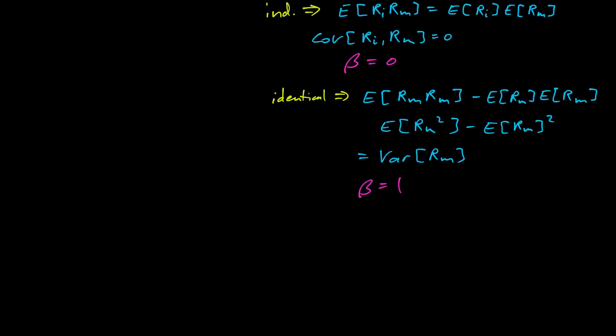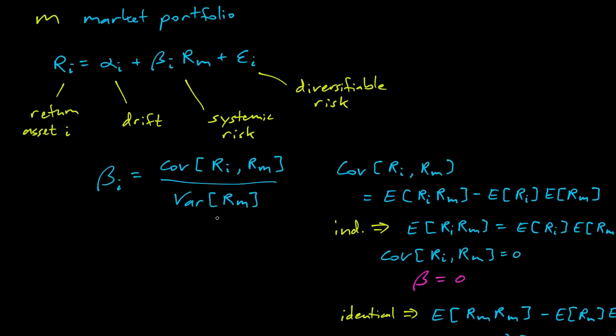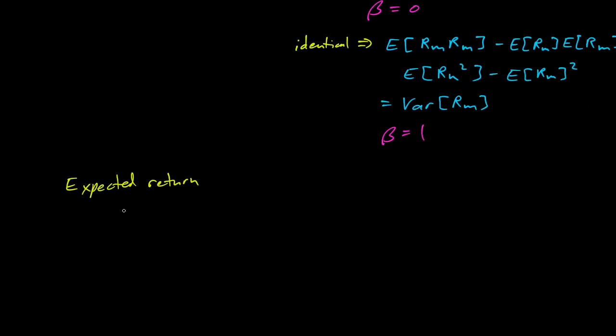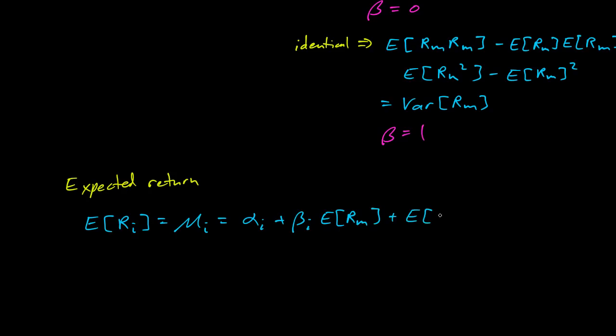All right. What is the expected return of our asset? We have a formula for the return. What's the expected return? That's a slightly different question. So just putting an expectation on Ri, we'll call that mu i, and that'll be alpha i plus beta i times the expected value of Rm plus the expected value of epsilon i.